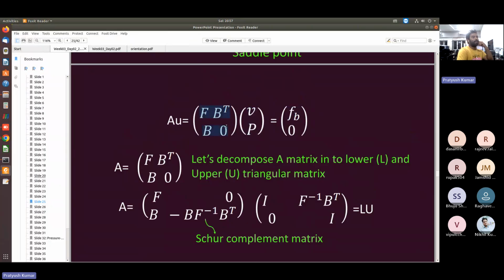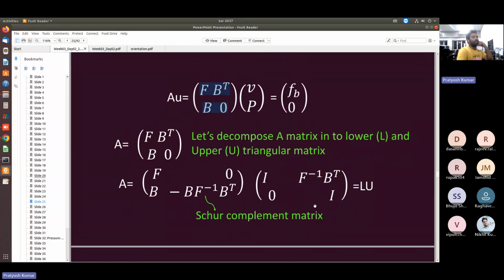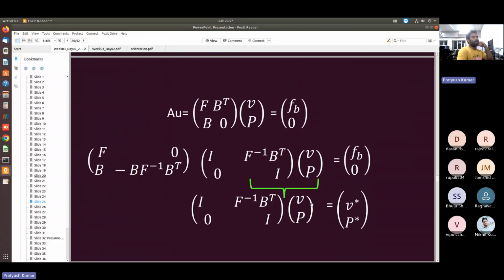Now we can put this lower triangular matrix and upper triangular matrix into these equations. So instead of A, we can put these two matrices in the form of lower and upper triangular matrices. This is the complete A, then V and P, and this is equal to the body force and 0. Now the upper triangular matrix times V and P can be written as V star and P star. So while solving the upper triangular system, you are going to get V star and P star.